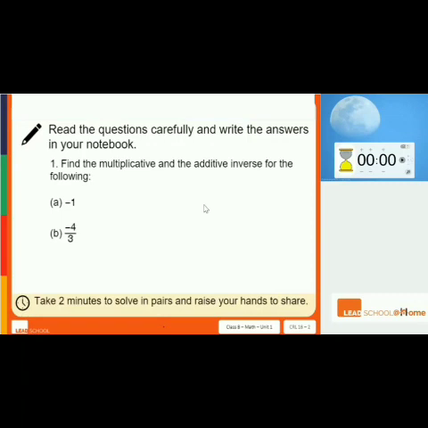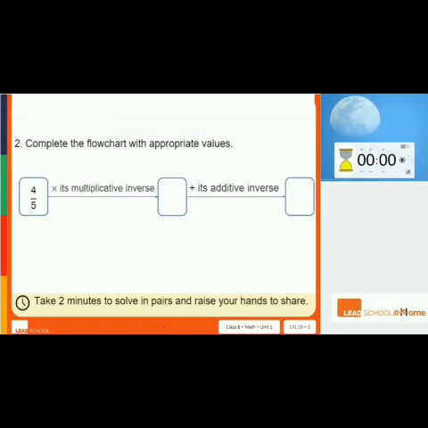Solve the next question now. This is the next question. You will again have 2 minutes to solve this question. Your time starts now.